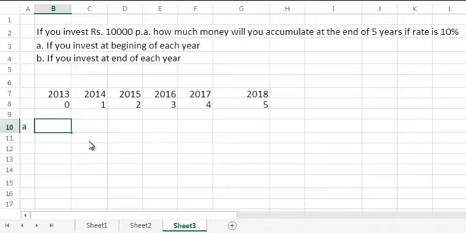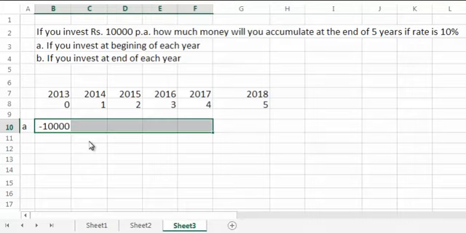It can be anywhere, July, September. Wherever you begin, your 1 year begins. So minus 10,000 in 2013, and the same amount of investment in 14, 15, 16 and 17.